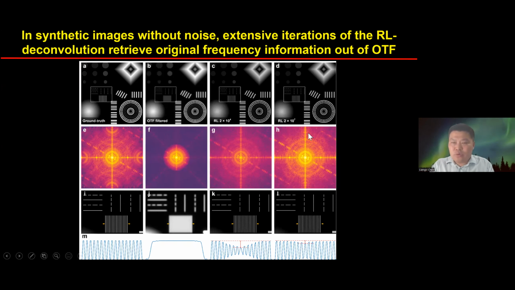If you go two orders of magnitude more, letting the computer run for a week or so, you can see the high frequency information is almost exactly recovered. So theoretically, even when the high frequency information is trimmed from this sample, it can be recovered when you have no noise.